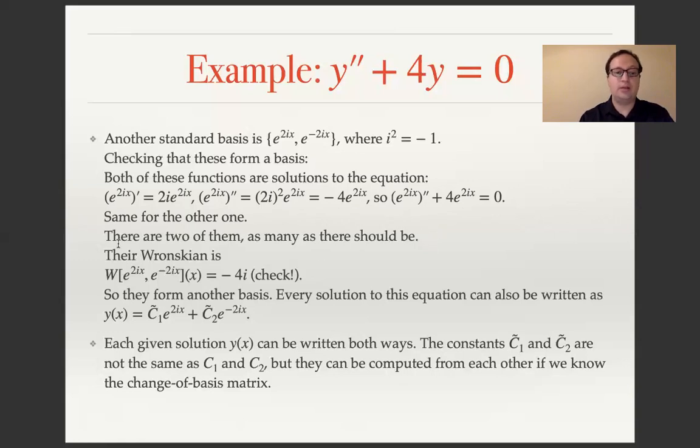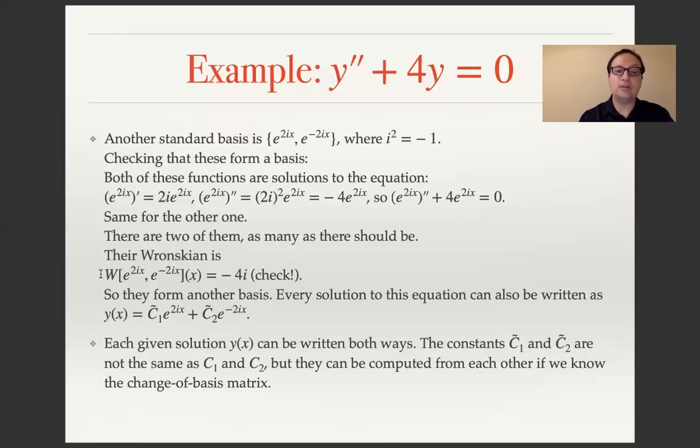Next, there are two of them, which is as many functions as we would want in a basis, because this is, again, a second order equation. And finally, we need to check that they are linearly independent. For an n-dimensional vector space, n elements form a basis if they are linearly independent.